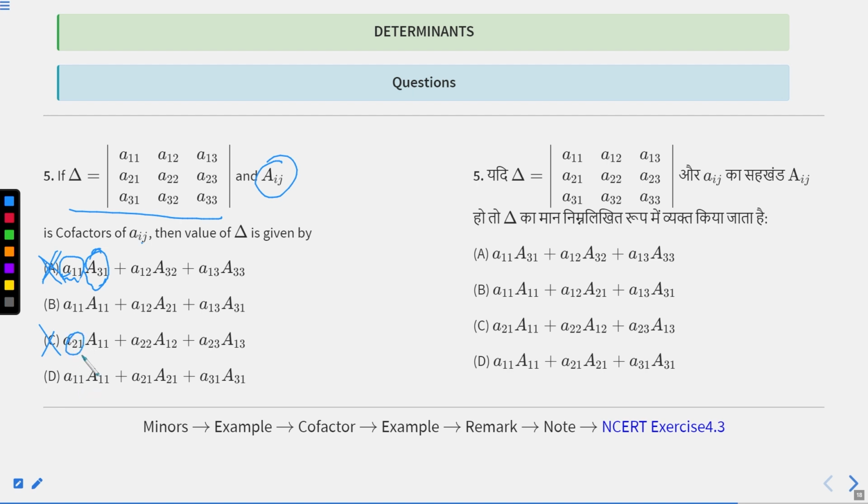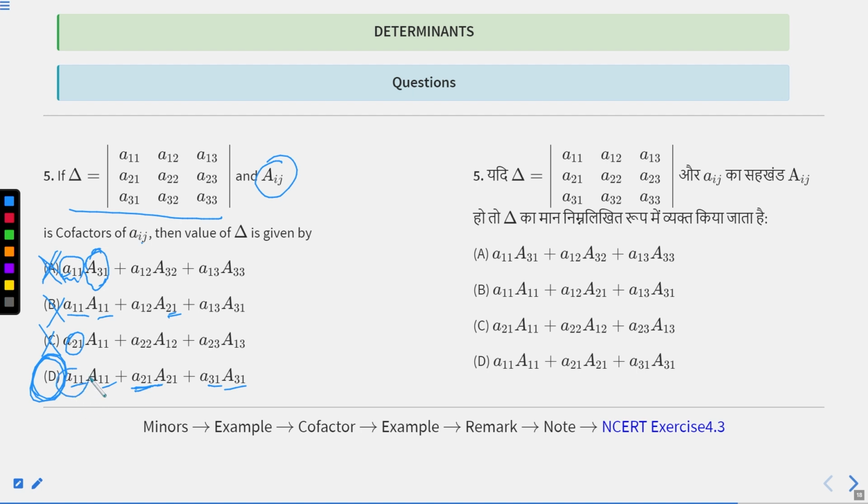Here a11, a11, 12, 21, 21, 22, sorry, 21, 21. So this also cannot happen. The correct option will be D, as you can see, 31, 31.